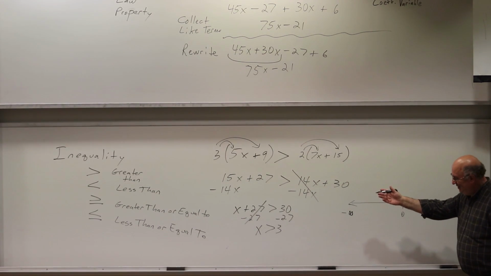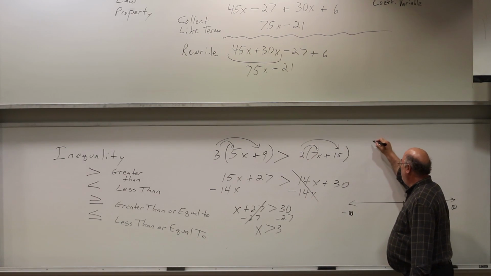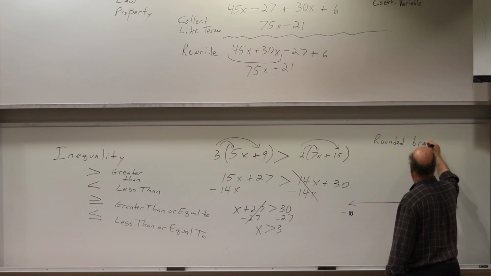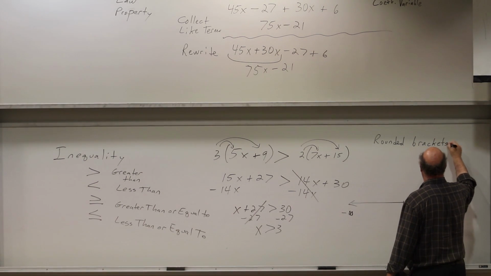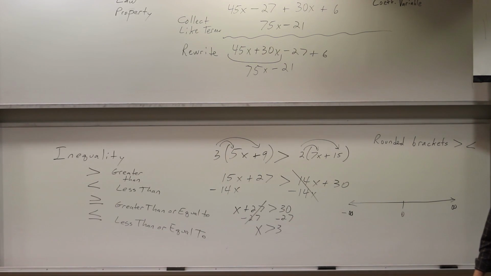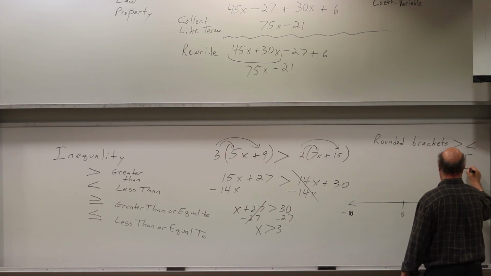Greater than, less than, they use rounded brackets. If the number's included, if it's greater than or equal to or less than or equal to, they use these squared off brackets.